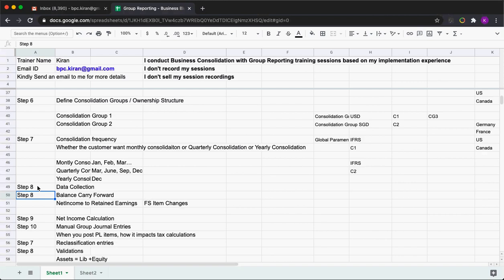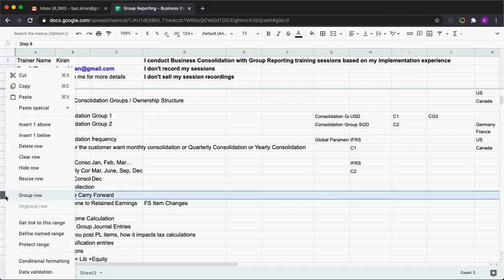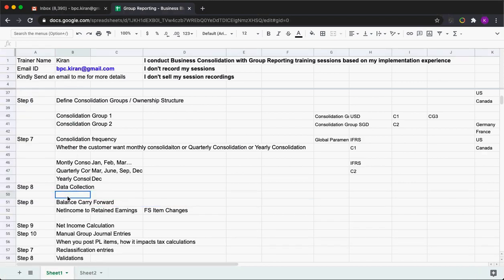For non-SAP units, you have to load the data via CSV files. The CSV file should come with the financial statement item, FSI.